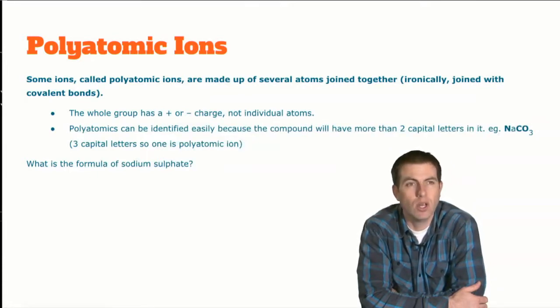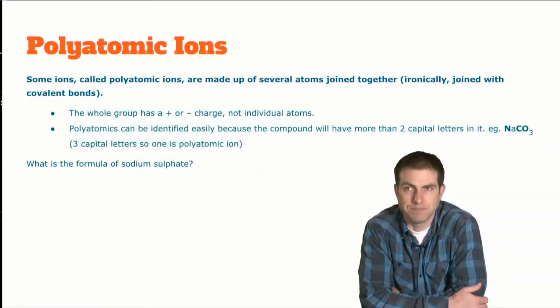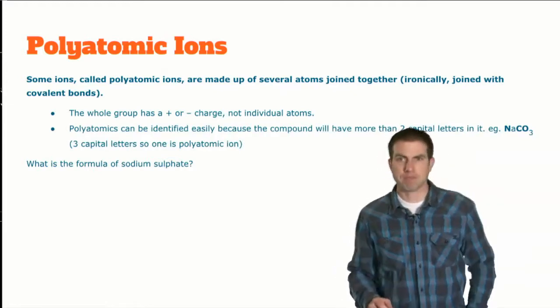How do we know when to look on the polyatomic ion sheet, and when to look at the nonmetals? What makes sulfate different than anything we've talked about so far? Give you a second. Some of you are typing.